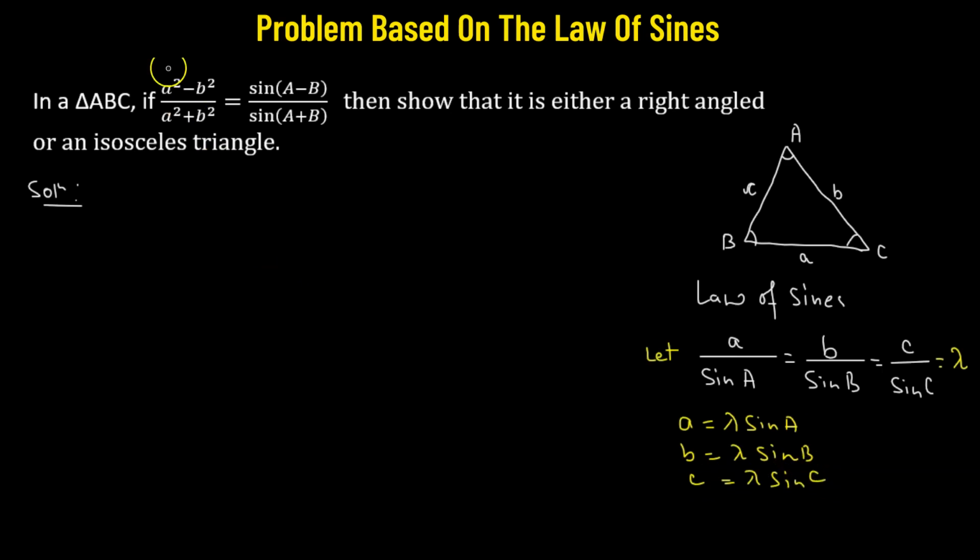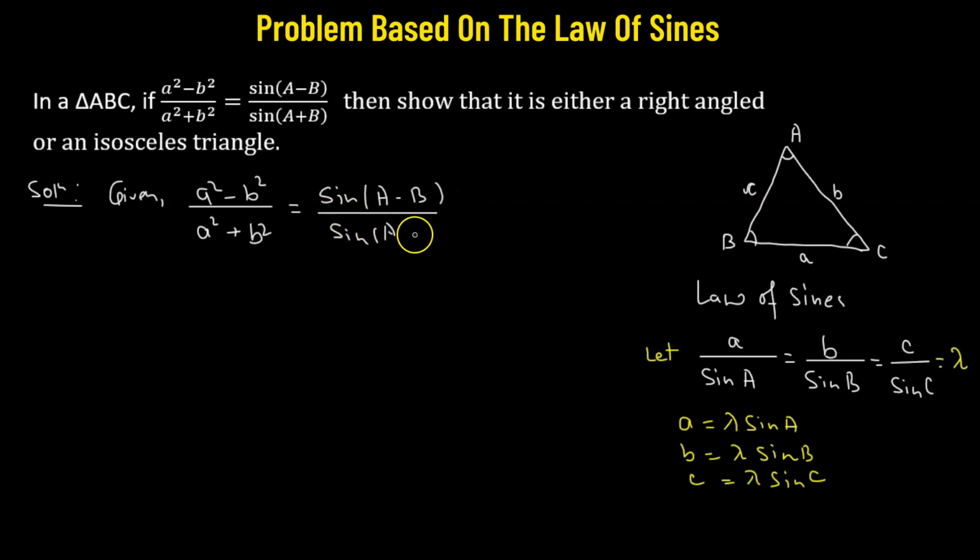Now let's start with our given condition. Here we are given the ratio (a squared minus b squared) divided by (a squared plus b squared) equals sine of (A minus B) divided by sine of (A plus B). Fine.